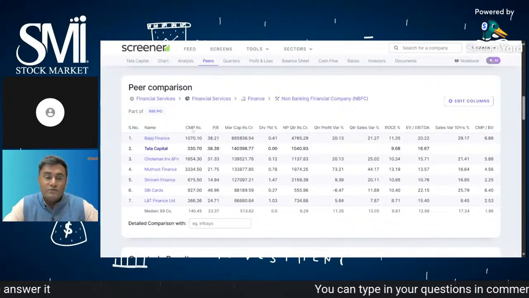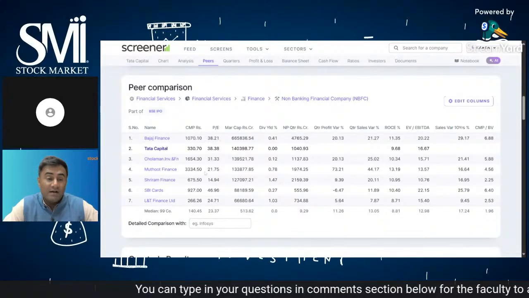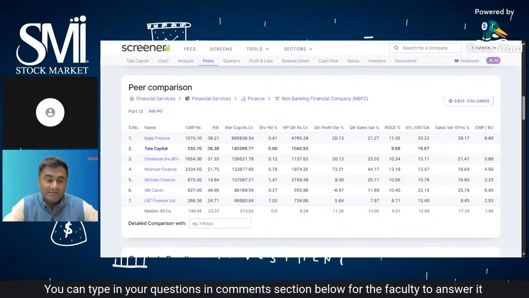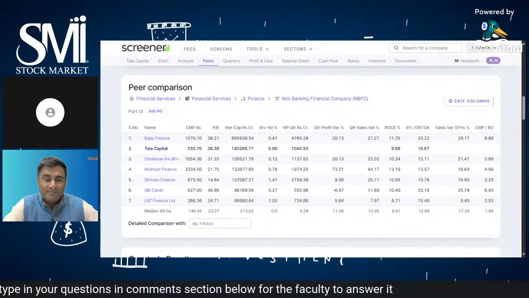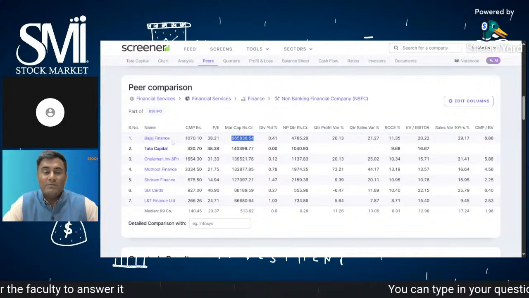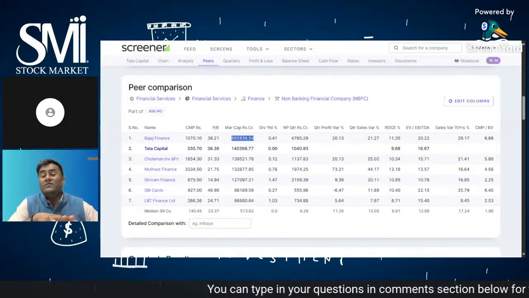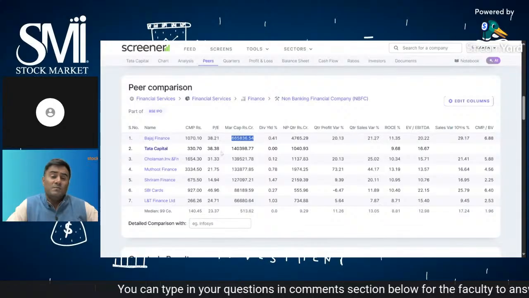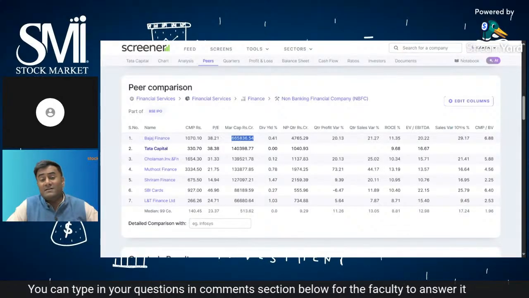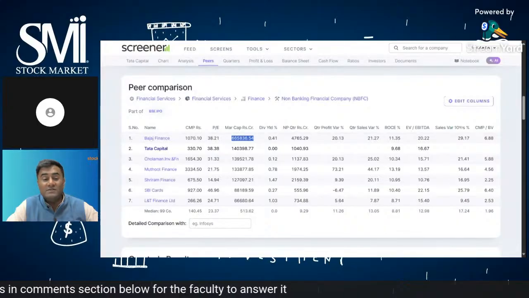Right. So in comparison to these stocks, how is Tata Capital doing? So always watch out for this as well. If you try to compare Tata Capital with Bajaj Finance, it would be an unfair comparison because market cap wise, Bajaj Finance is much bigger. It's almost 4.5 times the size of Tata Capital.